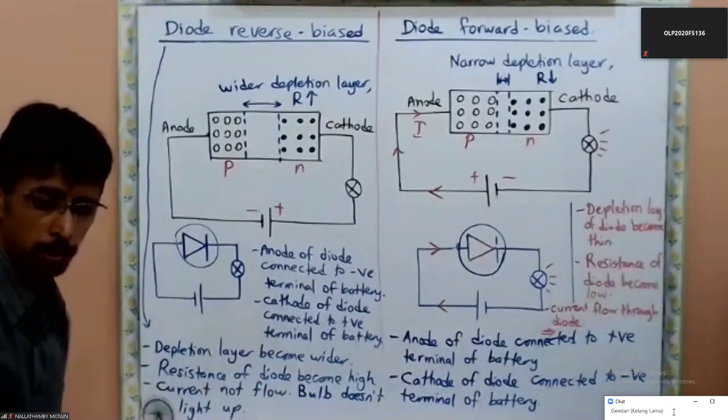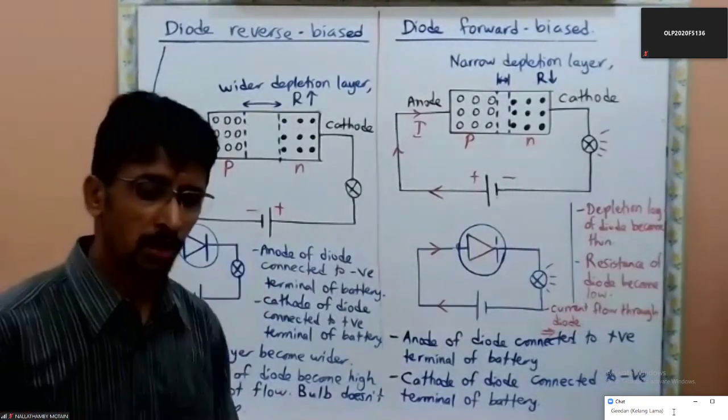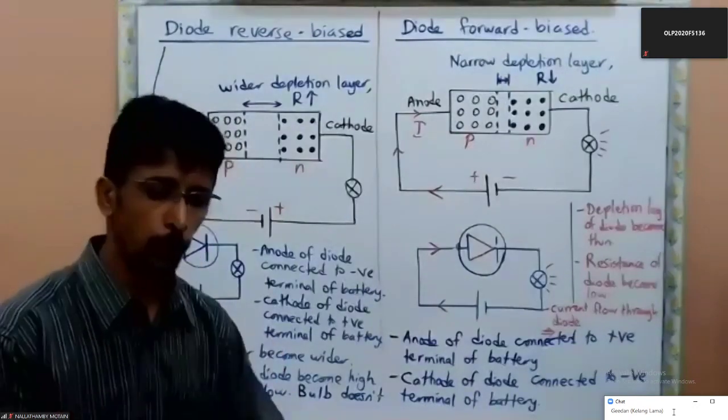Okay, finish. So from these two situations, one of the functions of a diode is what? A diode allows the current to flow in one direction.